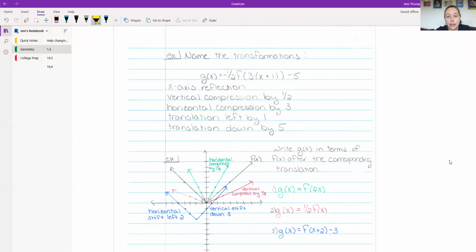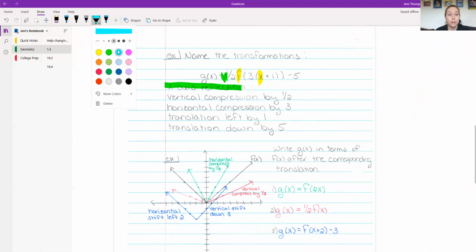Here's our original f of x right there. And there's all kinds of different things happening, right? Well, first of all, we've got a negative on the outside. That means we're reflecting over the x-axis.